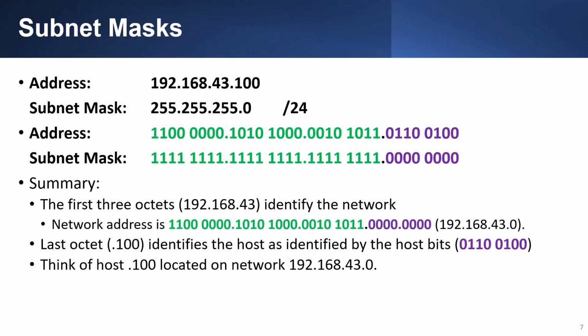The network address is 192.168.43.0. The last octet, .100, identifies the host as identified by the host bits. Remember, the zeros of the subnet mask indicate the host bits. Think of host .100 as located on network 192.168.43.0.